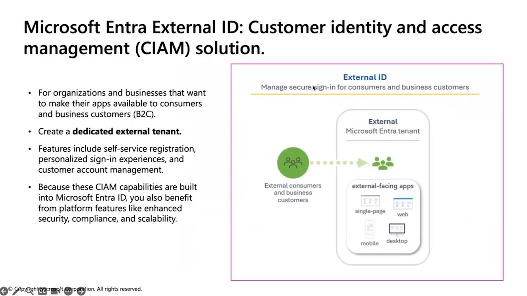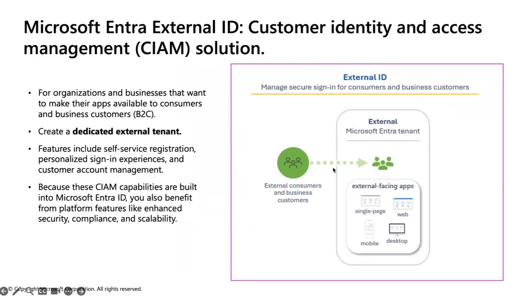But when we talk about B2C, business to customer, where we present our own applications and customers use them, what can we do? We basically follow a customer identity and access management, CIAM, solution. This solution says that we should create a dedicated external tenant.